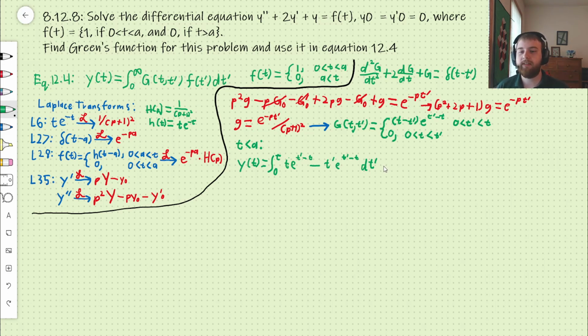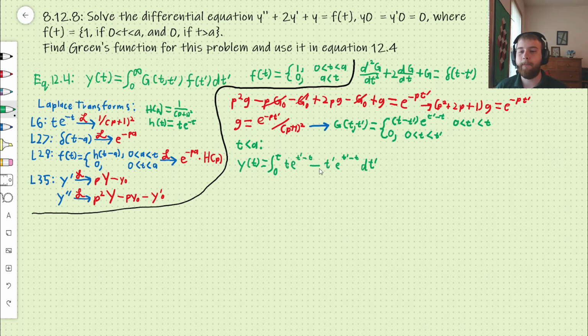The reason it's from 0 to t instead of 0 to infinity is because of our initial conditions. If our t prime is greater than t, then it's 0.